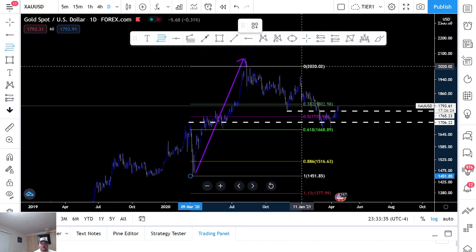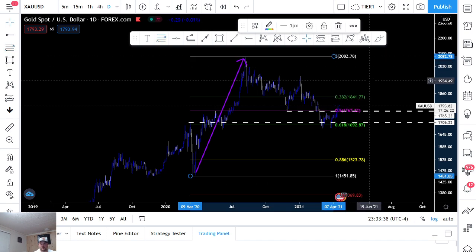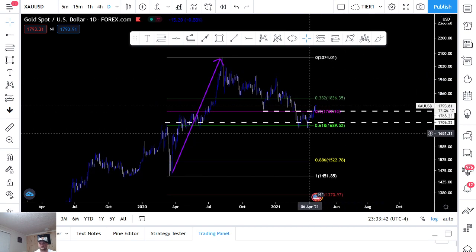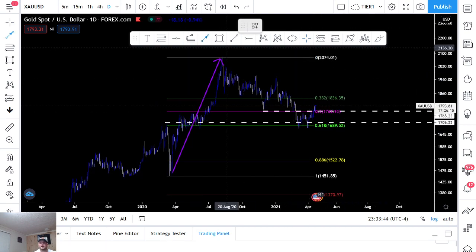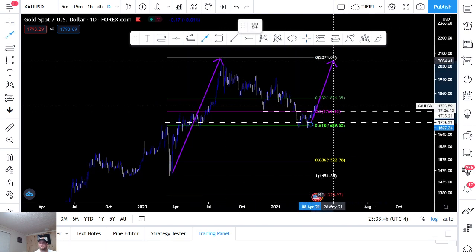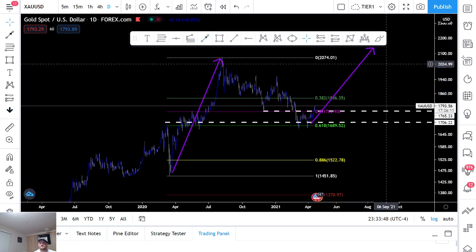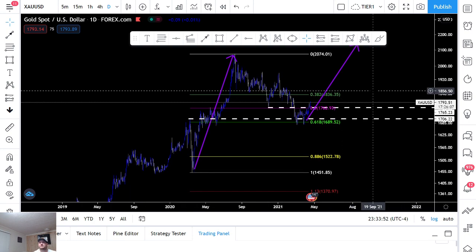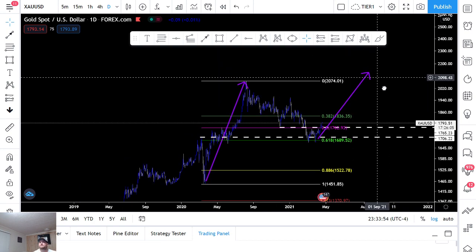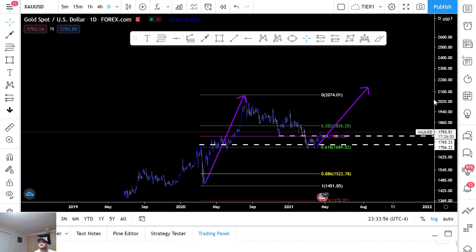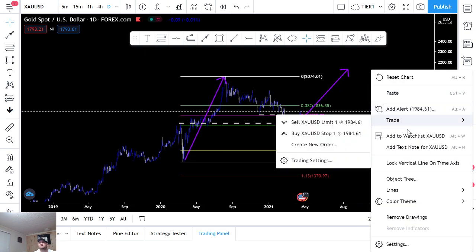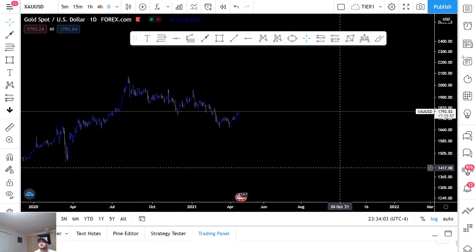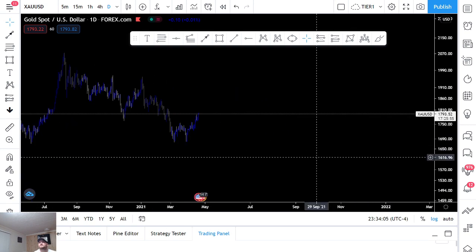The 61.8 would give us the best risk to reward for a move higher to 25, somewhere up there. Right? Okay. Remove. Alright.